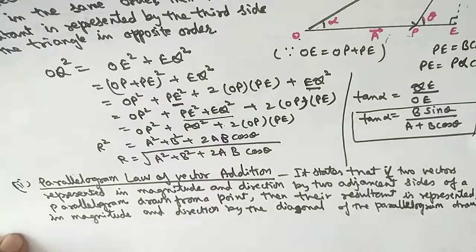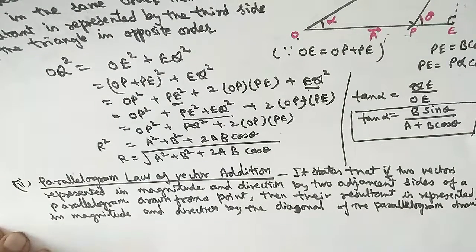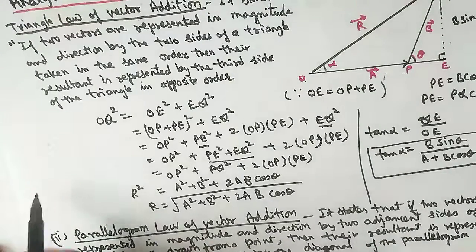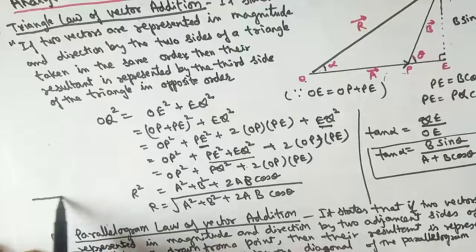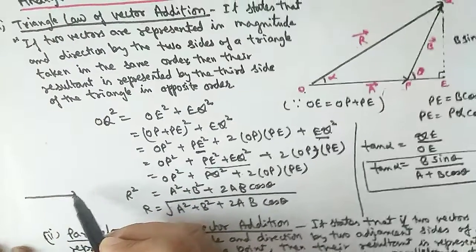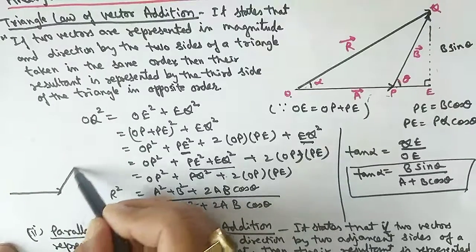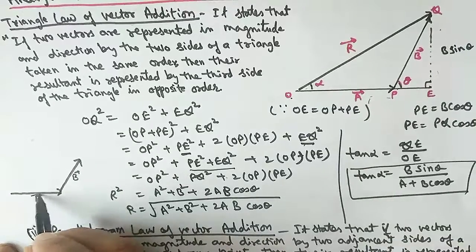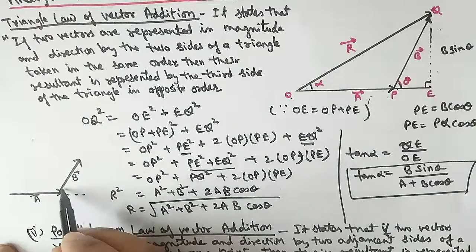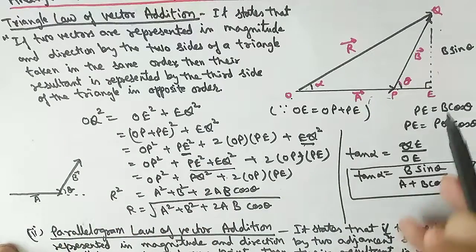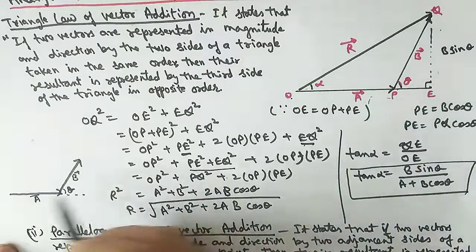Okay, so this is the parallelogram, and the resultant. In the same way you can see here, I'm making the diagram. You can see there is no difference. Suppose this is vector A and this is vector B, and this is the angle between them. Theta was the angle, as we discussed in this formula.